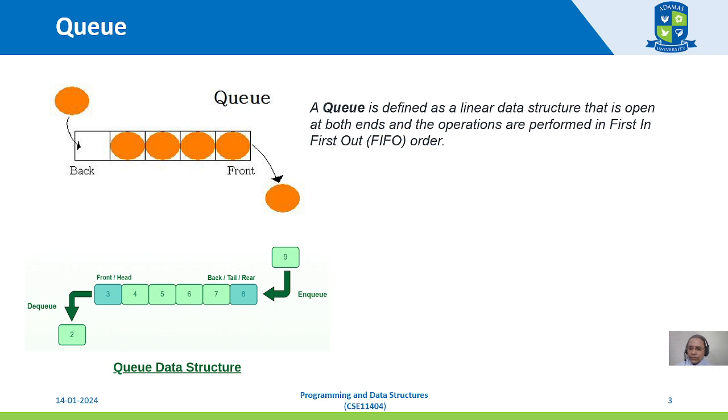Now this particular example is showing the elements which are already present in the queue, that are 3, 4, 5, 6, 7, 8, and 9 is going to be inserted, and the first element 2 is coming out, that is dequeue, and the 9th element is enqueued.